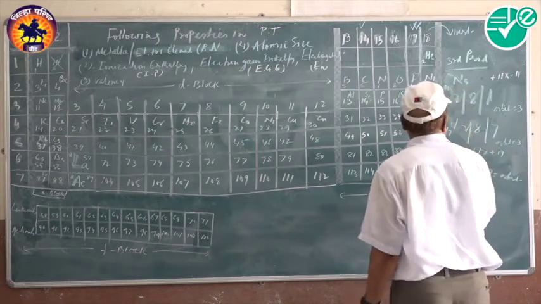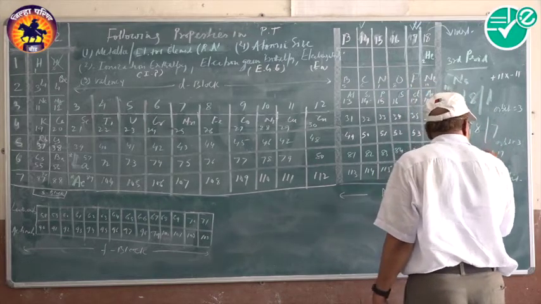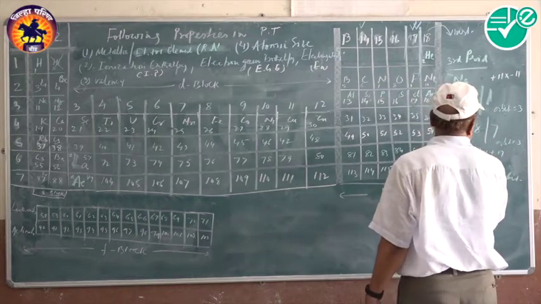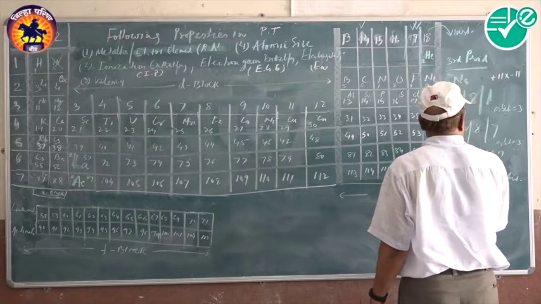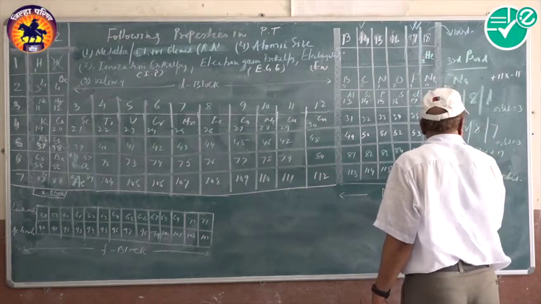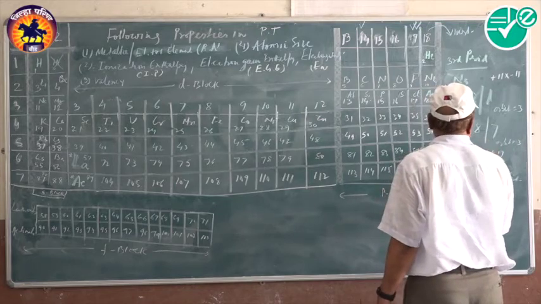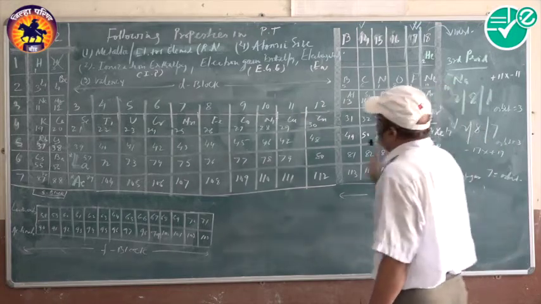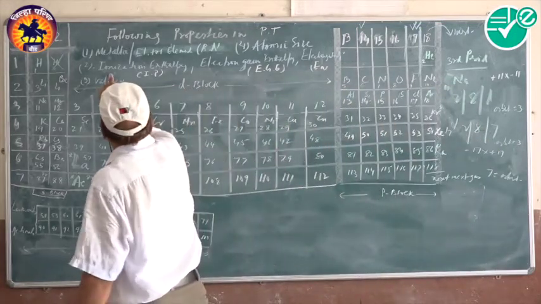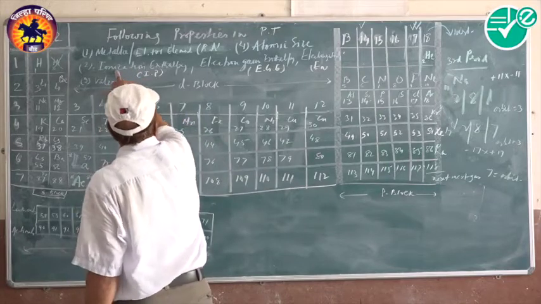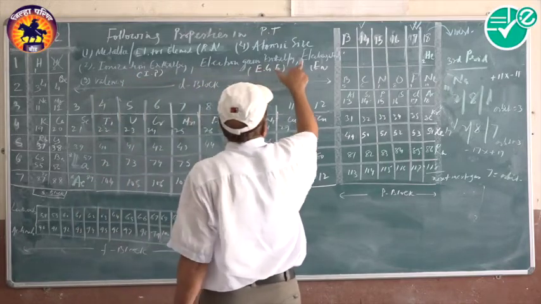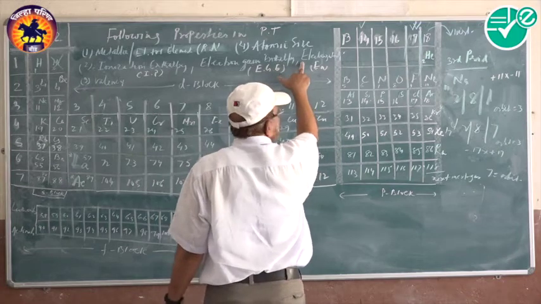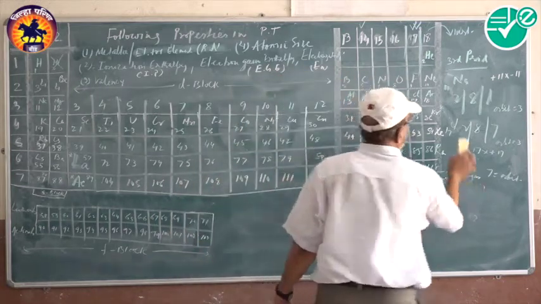But in case of chlorine, attraction is more. Therefore, loss of electron is harder, as well as electron gain enthalpy will be more. Therefore, electronegativity will be high. It is clear. These properties, ionization enthalpy, gain enthalpy, and electronegativity, depend upon size as well as attraction.